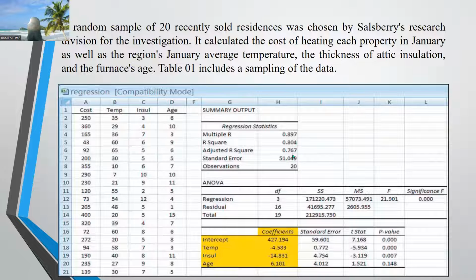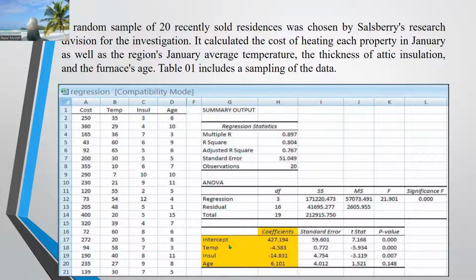Adjusted R square is 0.767, standard error 51.059, observations 20. In the ANOVA, the regression degrees of freedom is 3, and there are the sum of squares of regression, SSR, the mean square, and the F distribution.